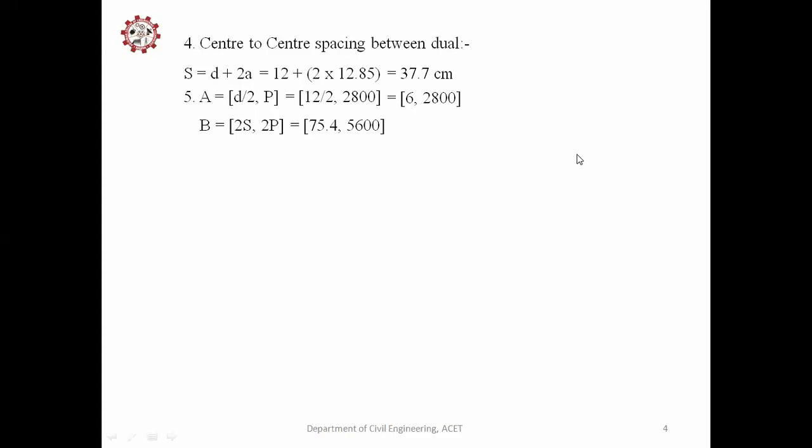So on the semi-log or log-log graph paper, you need to plot these 2 points. And after plotting these 2 points, you need to calculate the thickness which is mentioned and ESWL for that thicknesses. So taking the graph.